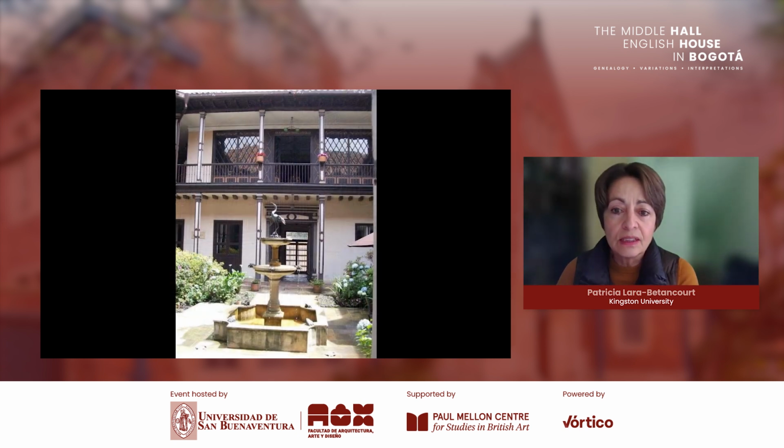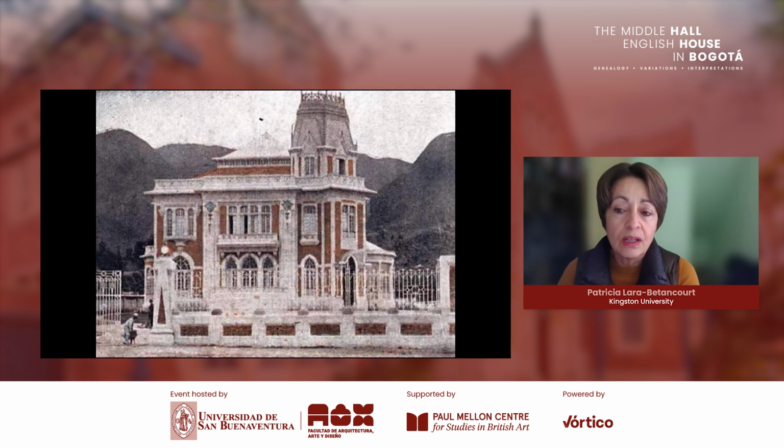At the turn of the century, some families started building their new homes outside the city, towards the north, on the road to Chapinero. This resulted in the fashionable construction of casa quintas, a type of country house, reflecting in style the global architectural trend towards historicism and eclecticism.